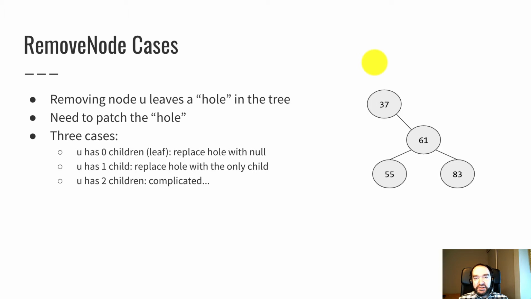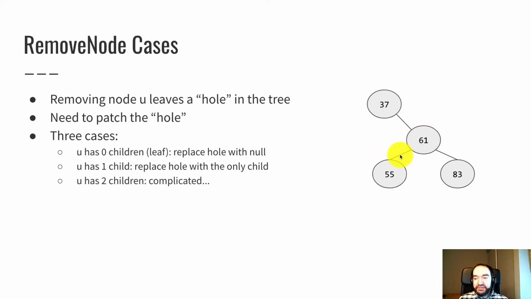So here's the challenge. When you remove a node U from the tree, it leaves a quote-unquote hole. There's a gap where a node used to be. We need to maintain the binary search tree structure where parents are connected to children and there are no holes or gaps, so that the whole tree stays connected.